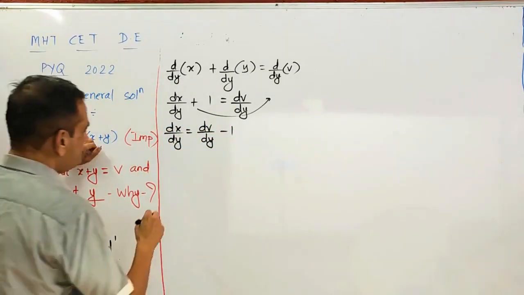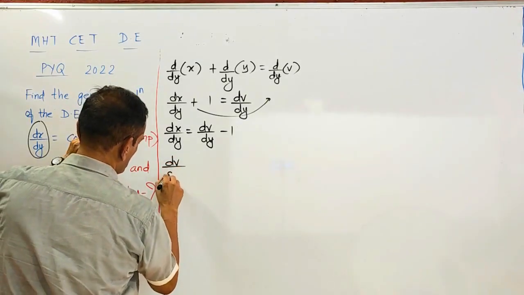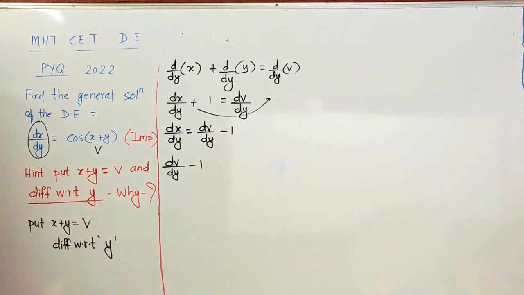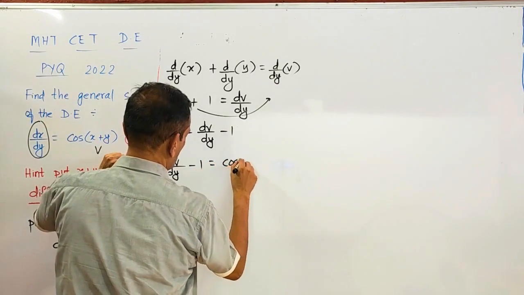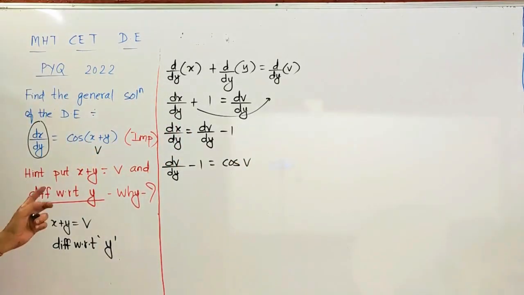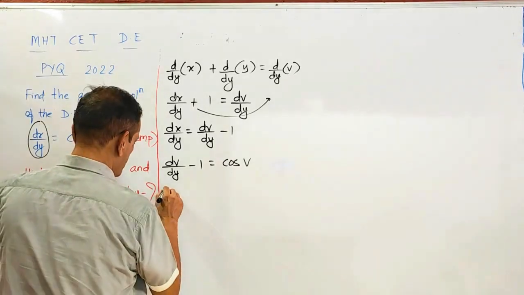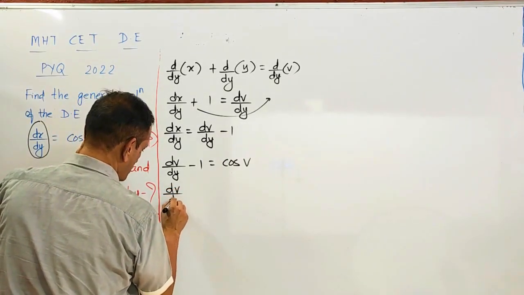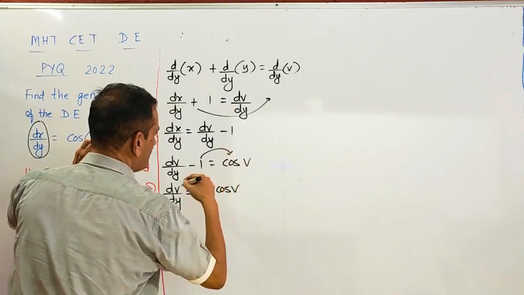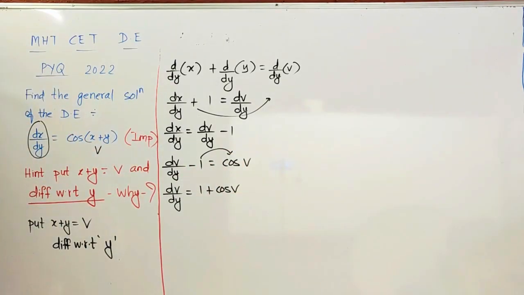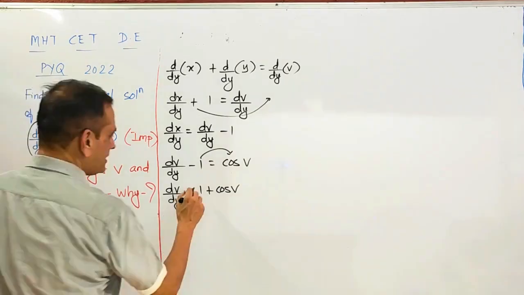For dx by dy, and x plus y is v. Take 1 on the other side. Now the variable separation becomes possible, meaning dv and dy will come to the numerator. The 1 taken here becomes positive, 1 plus cos v. Now take this dy up.